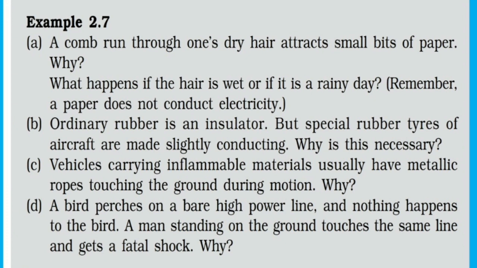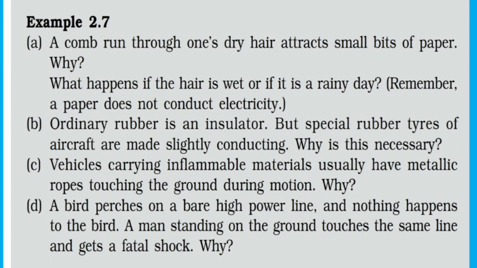If the bird is sitting on a single line, both legs are on the same line, so for the bird the two legs are at the same potential. There is no potential difference. Charge starts flowing only if there is a potential difference. So through the body of the bird, there won't be any conduction.